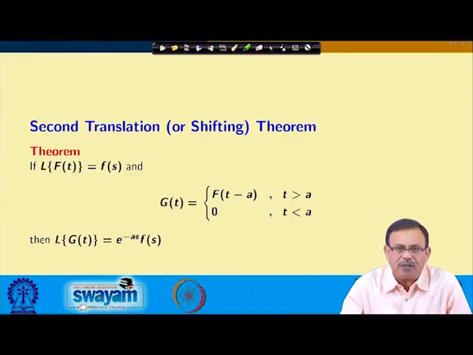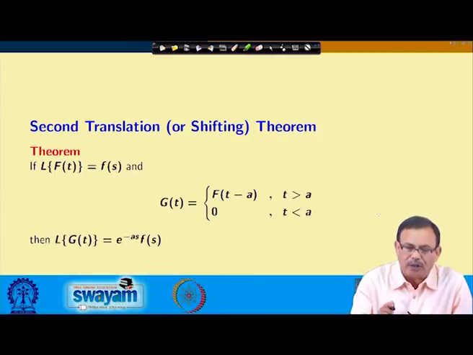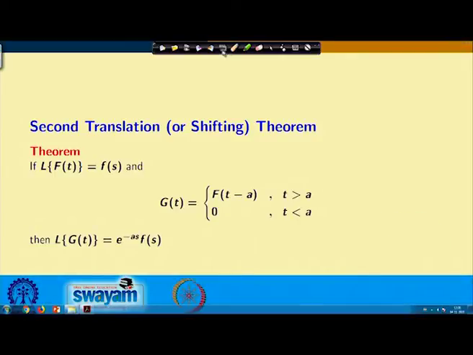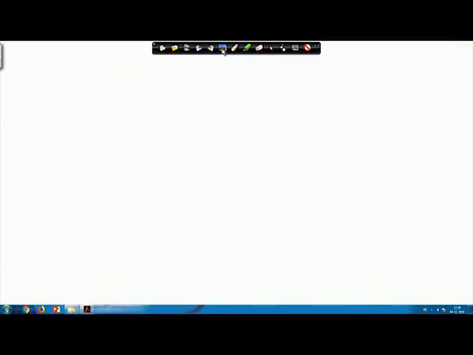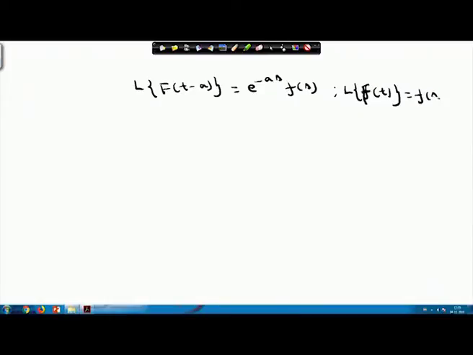Or in other words, if I have to prove this, I will show that the Laplace transform of f(t - a) is equal to e^(-as) F(s), when I know that the Laplace transform of f(t) is equal to F(s), it is known to us.